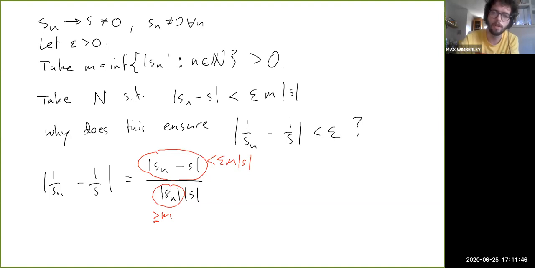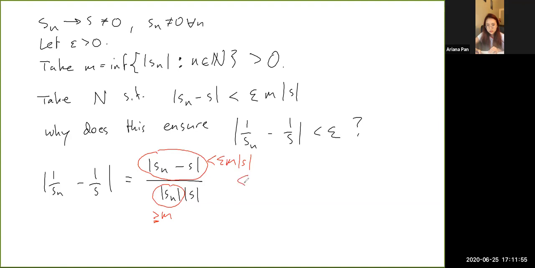And if you make the denominator smaller, you also make the overall value bigger. So by replacing the top with this expression, I make the numerator bigger.